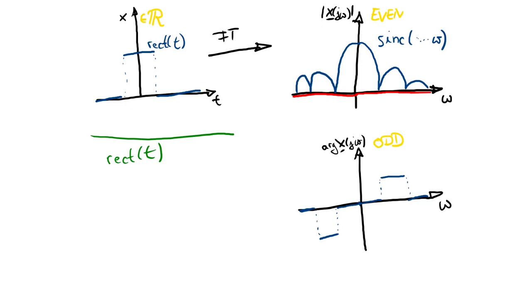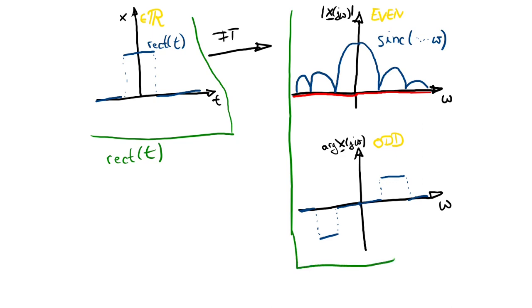And we have the spectrum here, which depends on the frequency variable. Both representations are the same signal, but there are two representations.